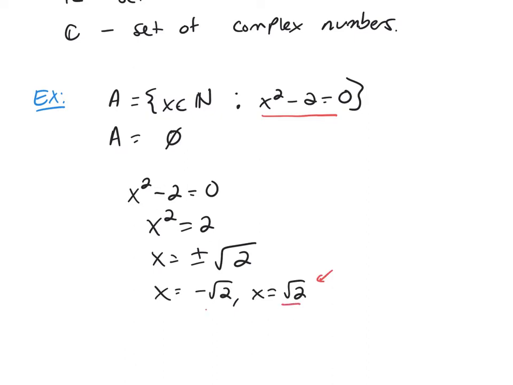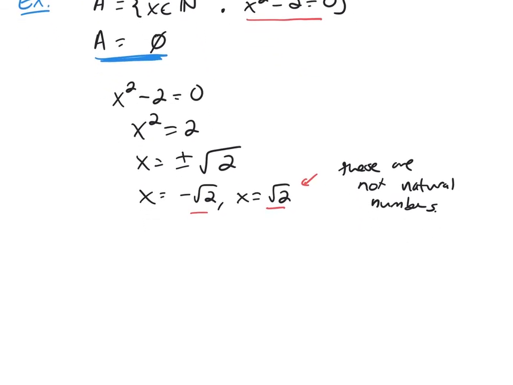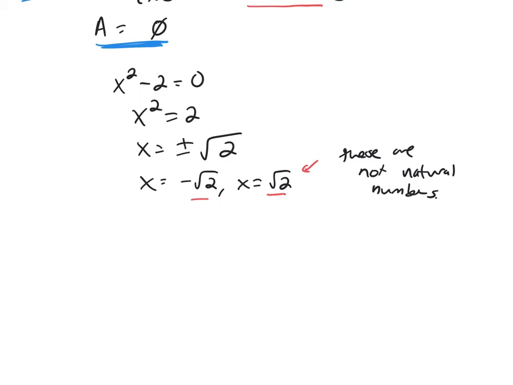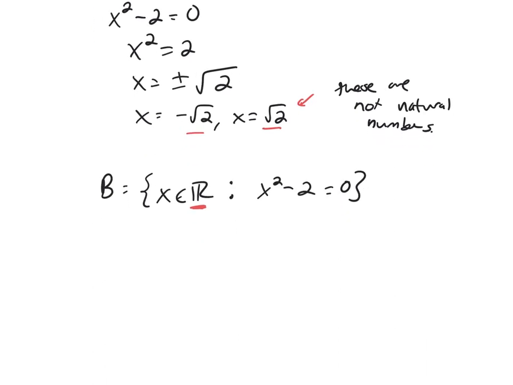And the problem is that these are not natural numbers. And so that's why the set A is the empty set. Now if I change my set to, let's say, B, where I'm looking at x in R where x squared minus 2 equals 0, now, because I'm working with real numbers, this set is not empty.